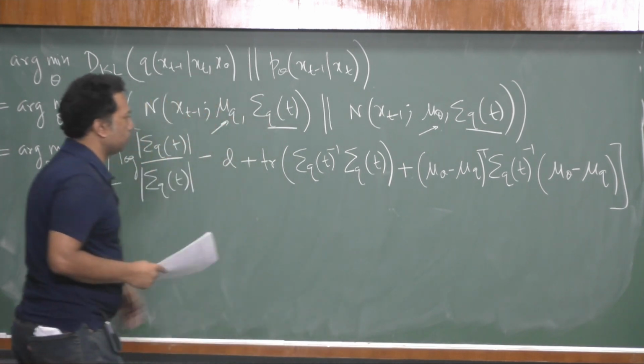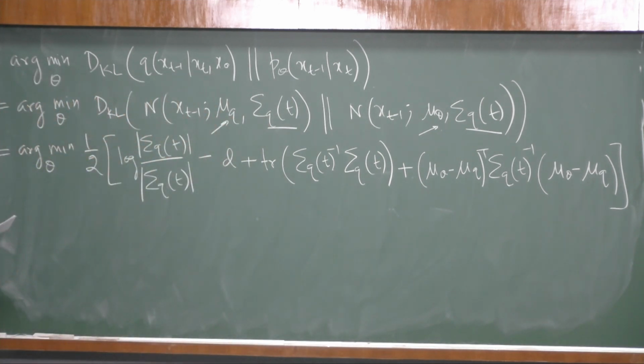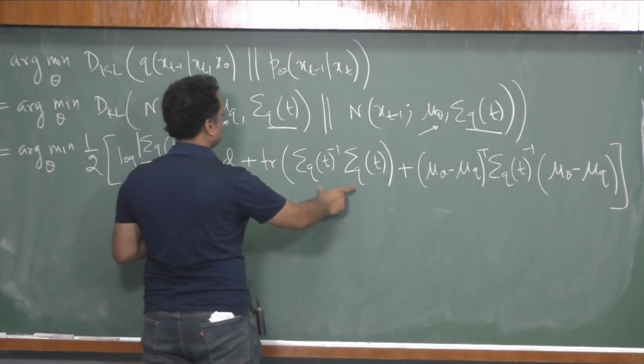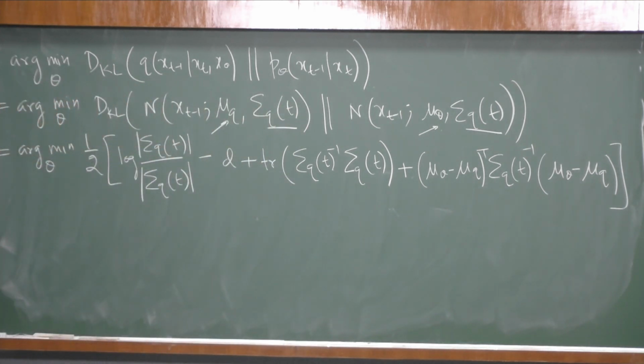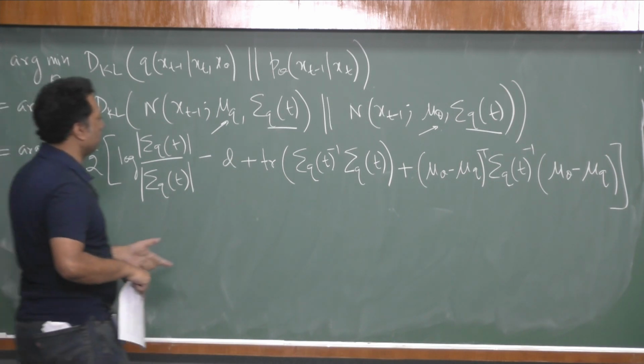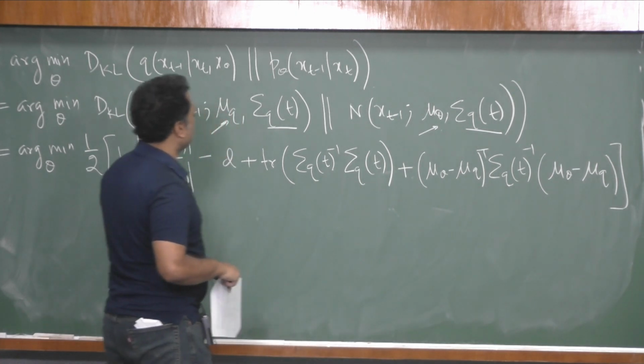Okay, so we have just used the formula there, and there's nothing new here. Then we will look at the simplification. For instance, this term becomes 1, so this will become log 0, so that term will go away. Then if you look at the trace, this is identity, and sigma q is d-dimensional, so it will be an identity matrix of dimension d.